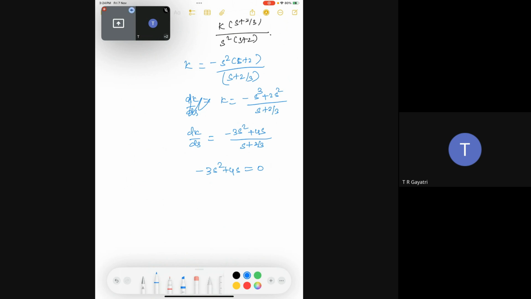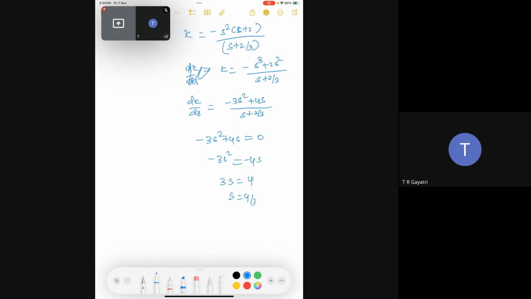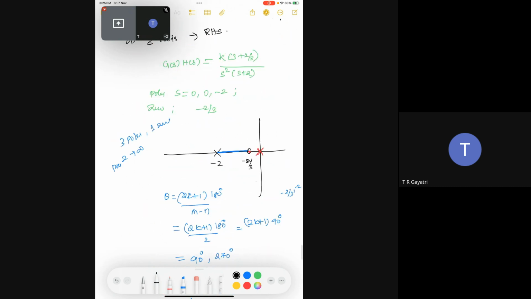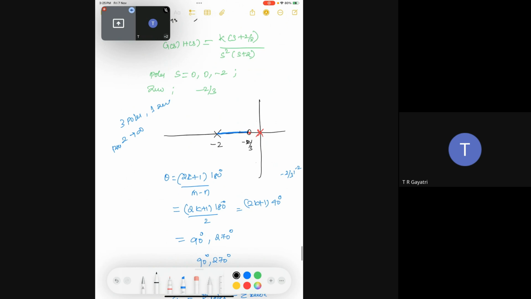So this will give me 3s square equal to -4s, so 3s is equal to 4, s equal to 4/3, and s equal to 0. These are the two breakaway or break-in points. Out of this, 4/3 comes in the root locus, I guess. 4/3 means it's further down, right? 1.33. Yeah, here it will come.